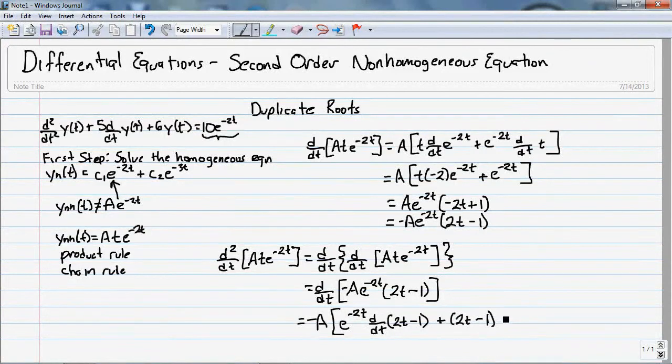And we're going to do the derivative of e to the negative 2t.